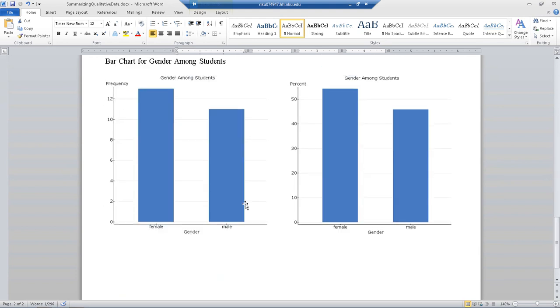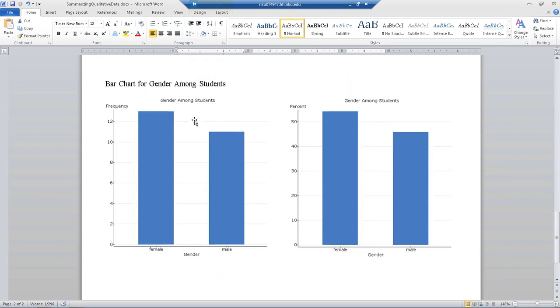So if you look down here, what I've done is created two bar graphs. So the bar chart for gender among students for the first one. Now this one, females, taller bar, there were 13, and this was frequency. Whereas the males had a frequency of 11. Again, same data. Really, the graph looks exactly the same, except the scale is different over here on the vertical axis.